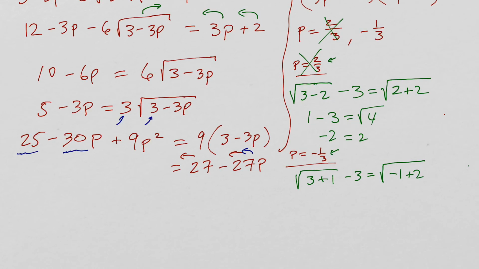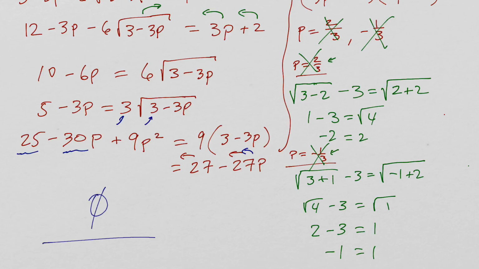So here I have the square root of 4 minus 3. Is this really equal to the square root of 1? This is 2 minus 3 is equal to 1. That's also not true. This is negative 1 is equal to 1. So this is not a possible answer either and has to be thrown out. Now both of my possible answers have been thrown out and I don't have a valid answer, so this is no solution.